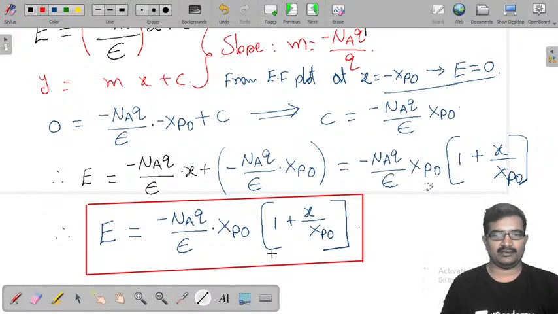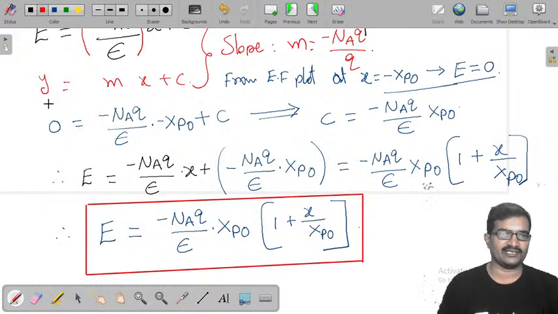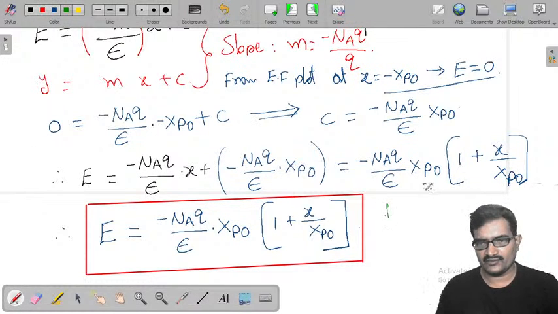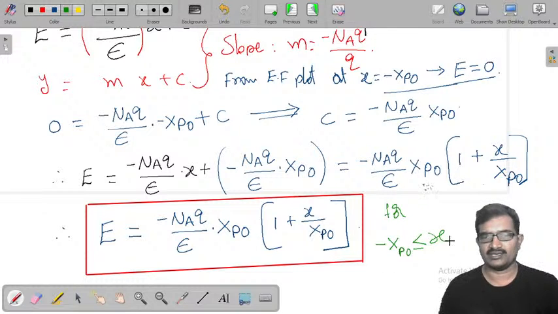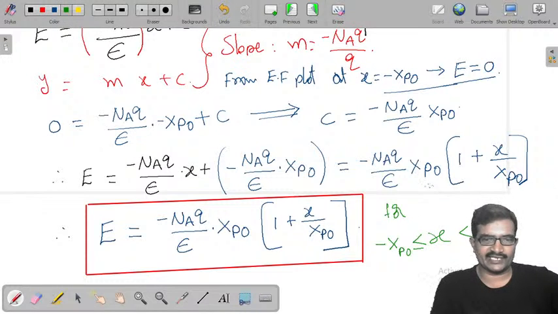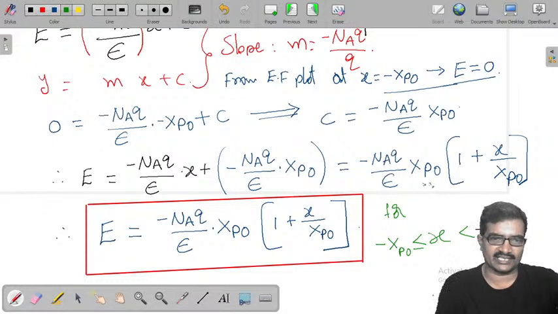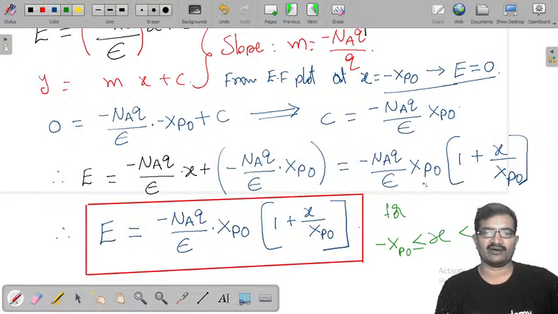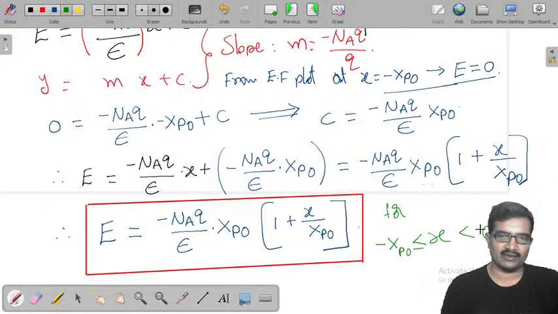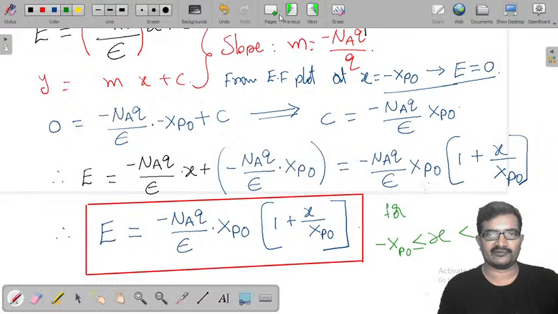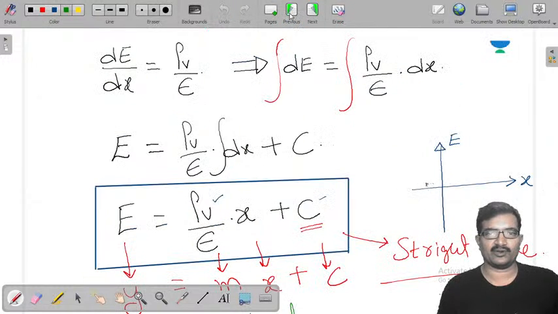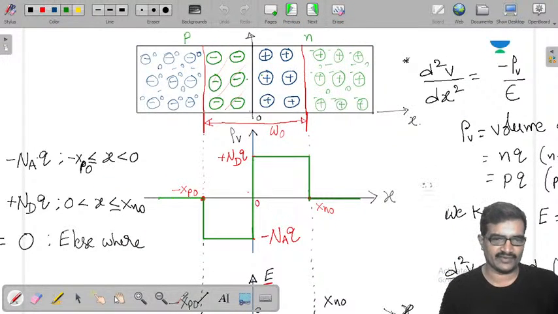This is the electric field in the region for x greater than or equal to minus xp naught and less than 0. In that region, the electric field equation is minus NA into Q by epsilon into xp naught into 1 plus x by xp naught. Now I am writing this equation on the plot. Here we have a plot.